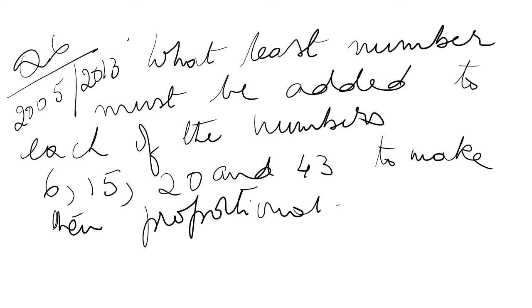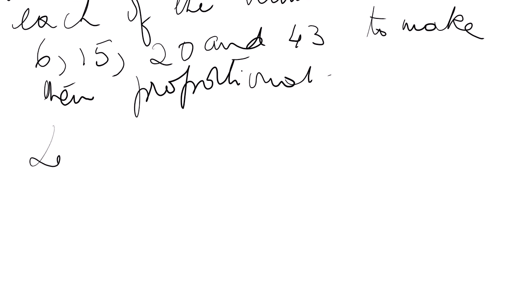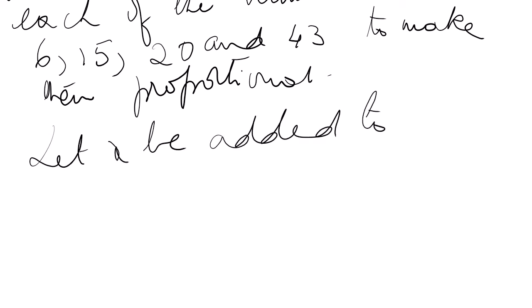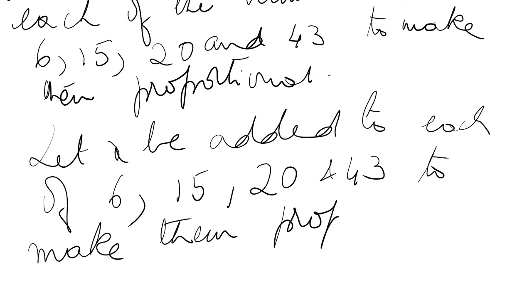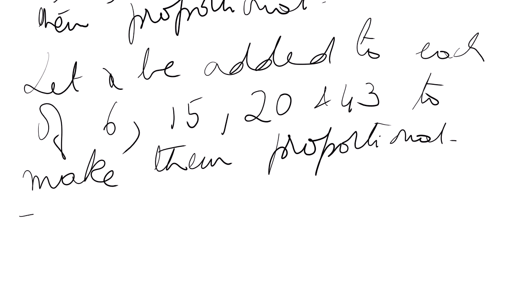Okay, so let x be added to each of the numbers 6, 15, 20 and 43 to make them proportional. So it implies what?